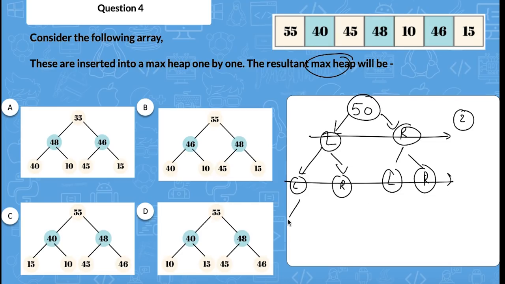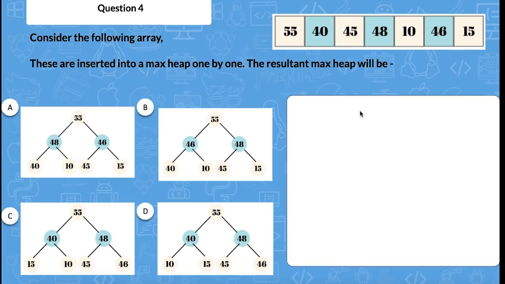The second rule is about the child elements. If 50 is there, the next element should be smaller than 50. So if we enter 40, this is perfect. If I enter 45 here, that is also perfect.